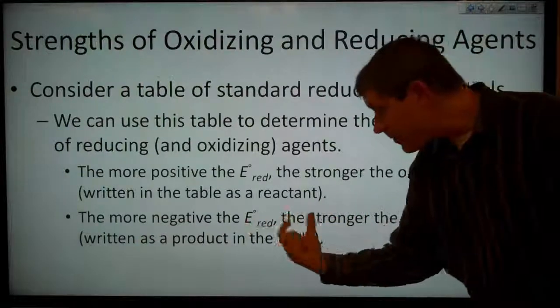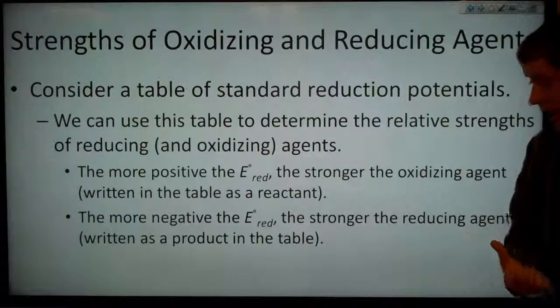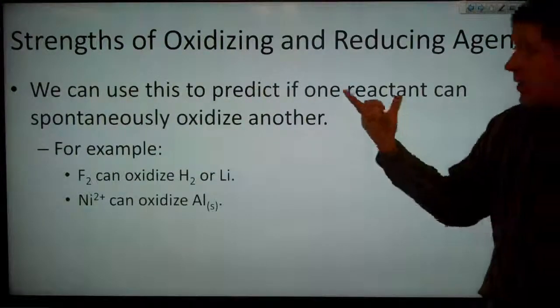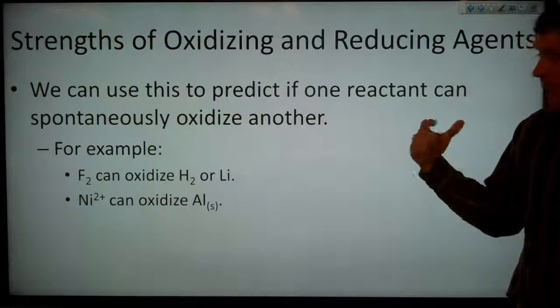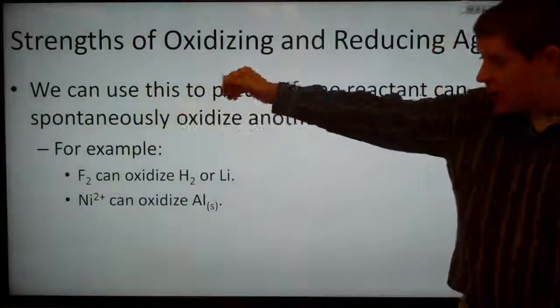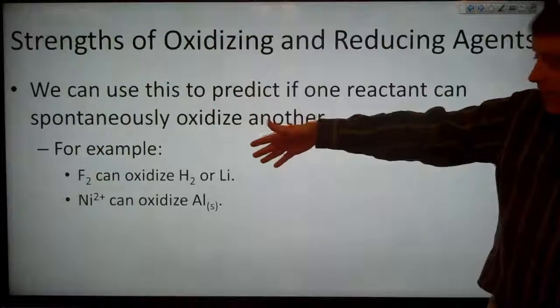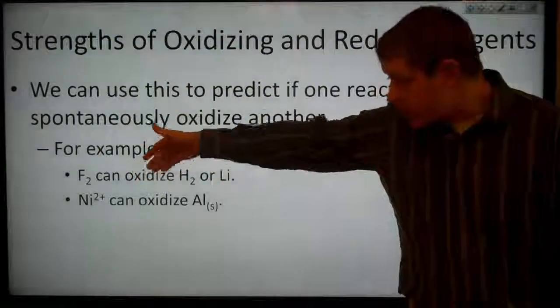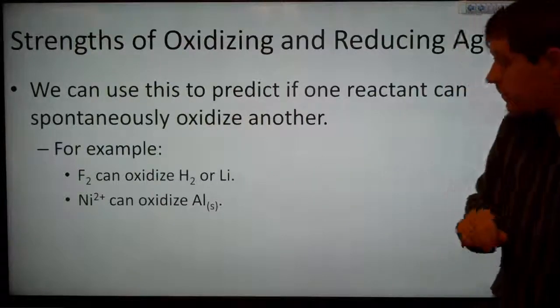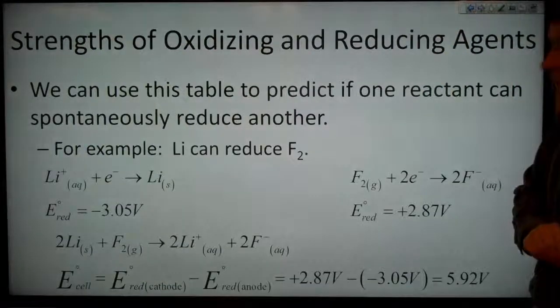And the more negative the standard reduction potential, the stronger the reducing agent. And we can then use this for predictive purposes. One reactant can spontaneously oxidize another one. So again, fluorine can oxidize hydrogen or lithium. Nickel 2 plus can oxidize aluminum solid, and so on.